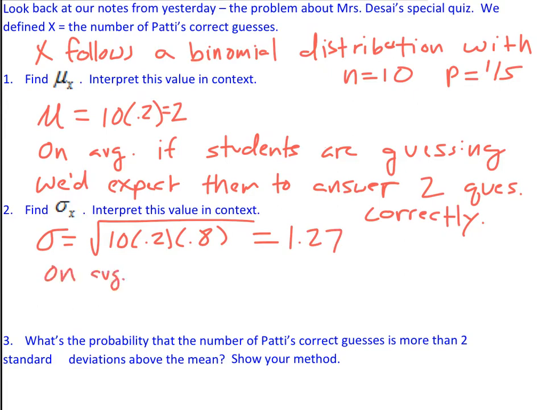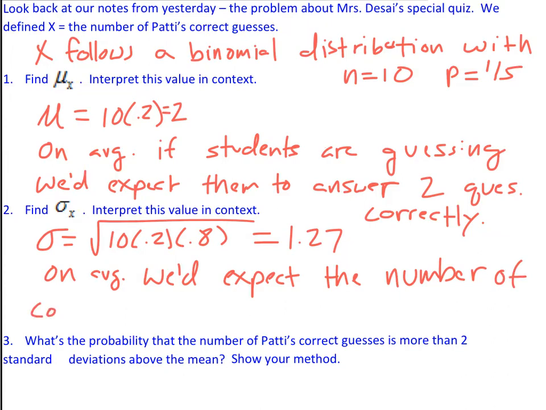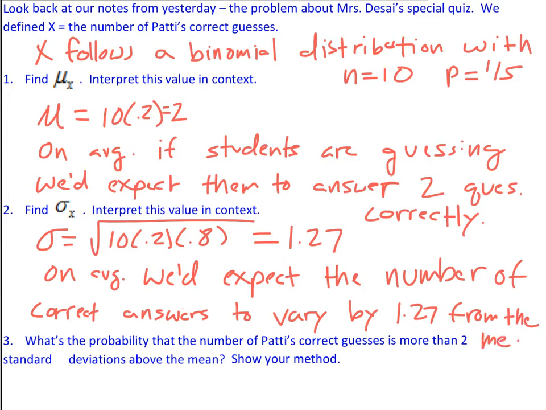So again, I'd say on average, we would expect the number of correct guesses, or I could just say correct answers, to vary by 1.27 from the mean.